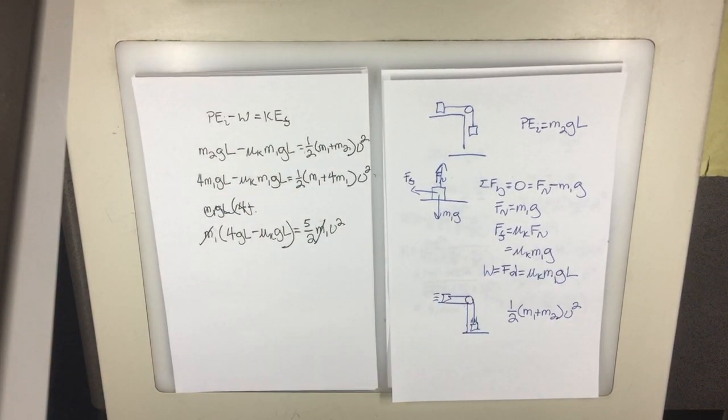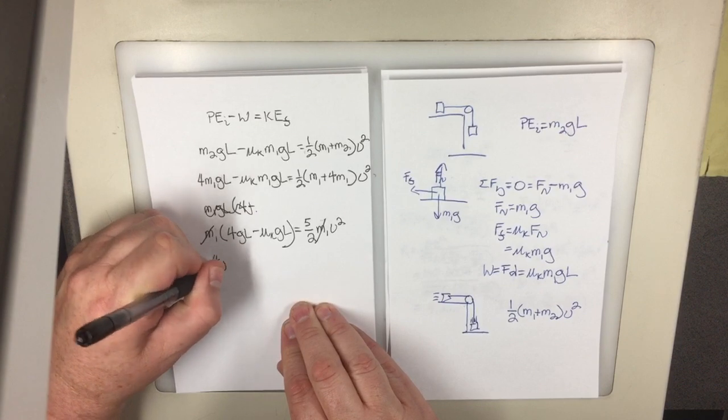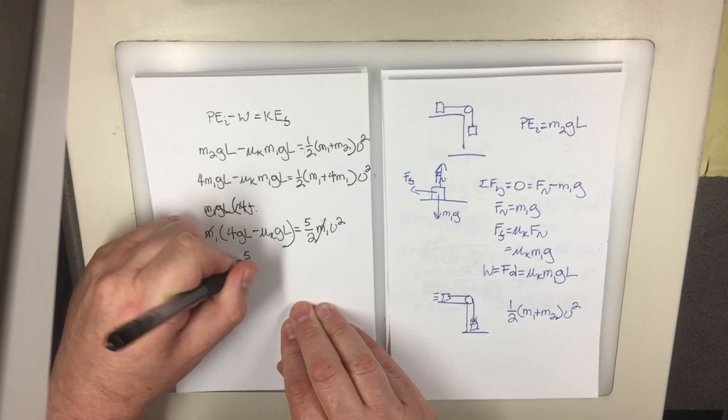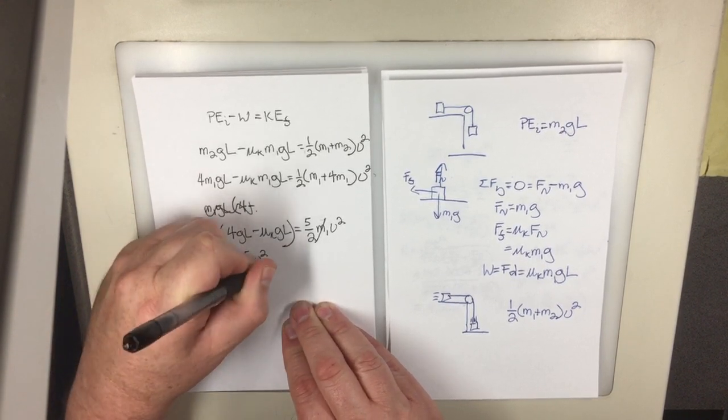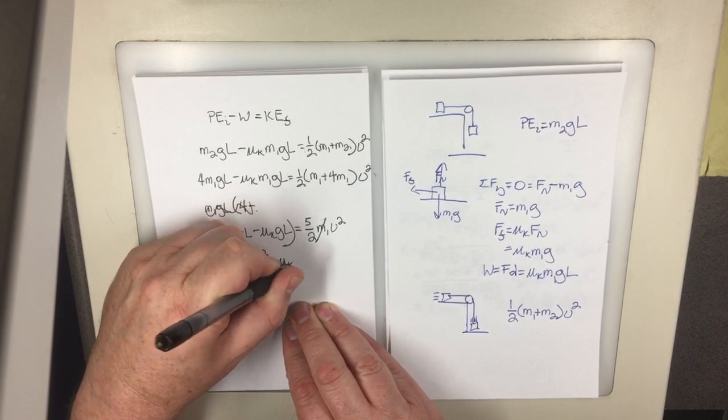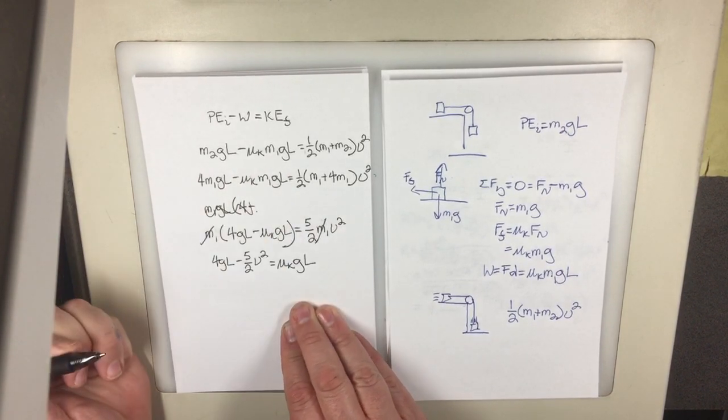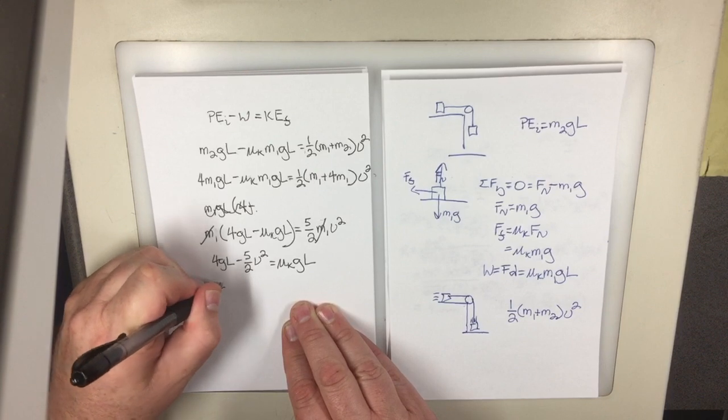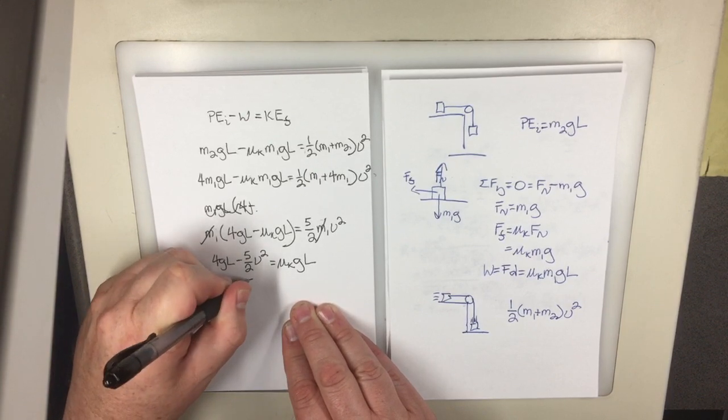They cancel. M1 is unnecessary. Now I'm solving for mu sub k. 4GL minus 5 halves V squared is equal to mu sub k GL. Divide both sides by GL.